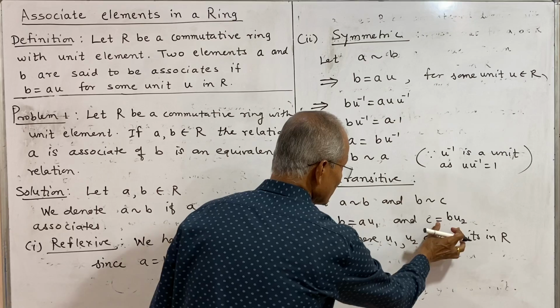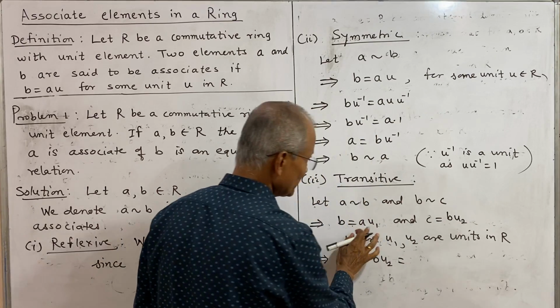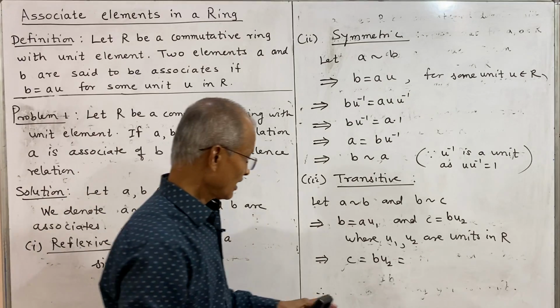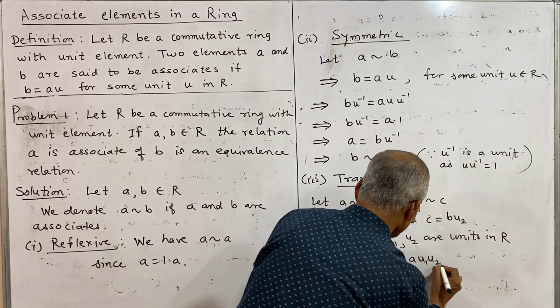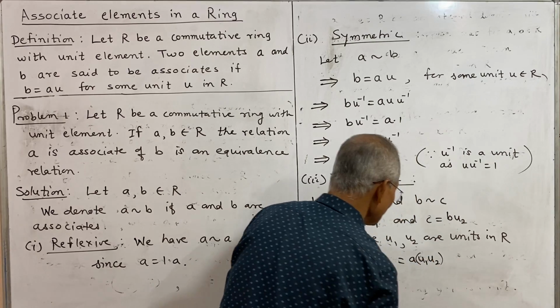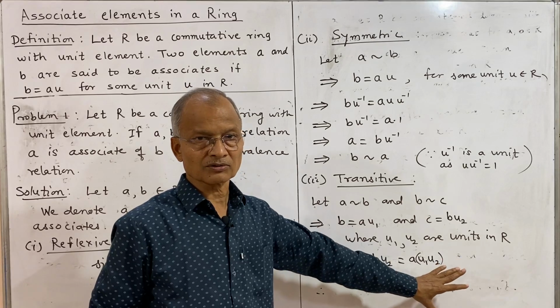Combining these two, C is equal to B U2, but what is B? B is A into U1, and therefore this will be A into U1 U2, and you see U1 and U2 are units and their product is also a unit.